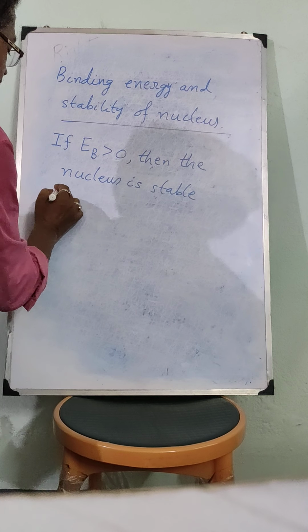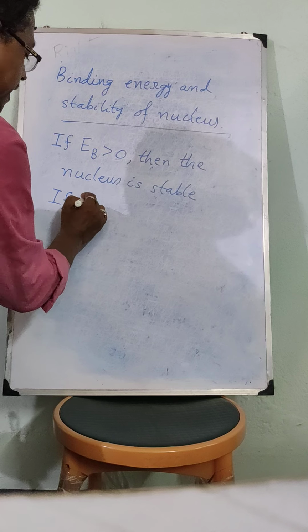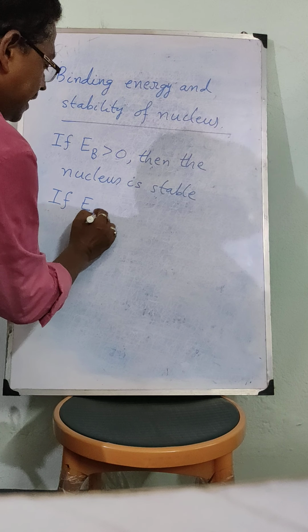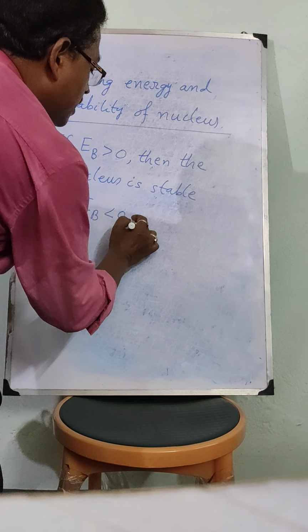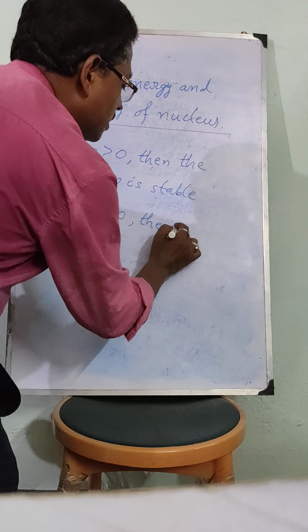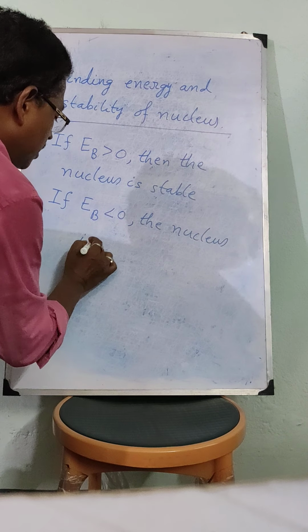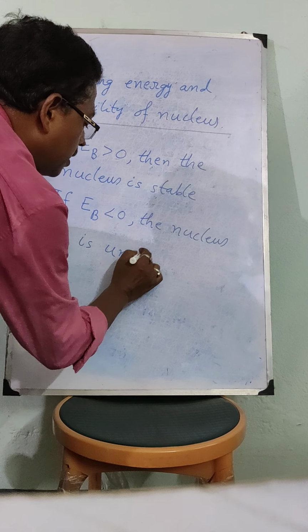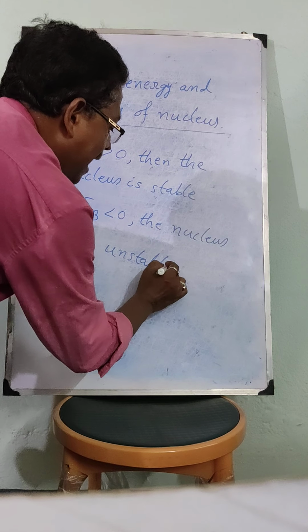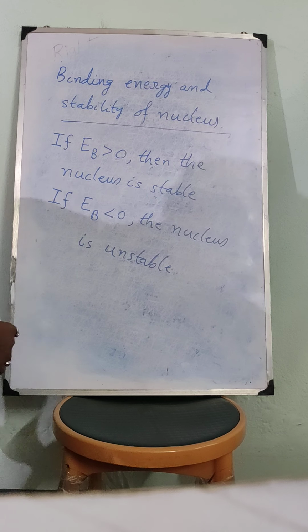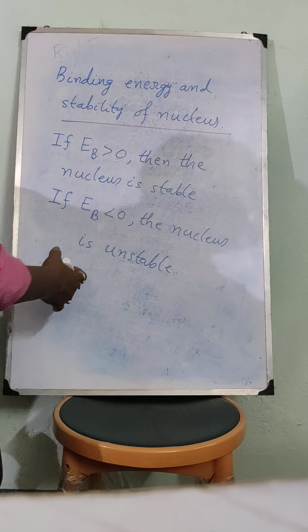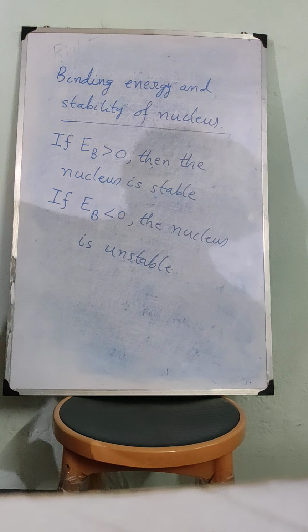But if the binding energy EB is less than 0, the nucleus is unstable and it disintegrates, that is, it breaks down by itself.